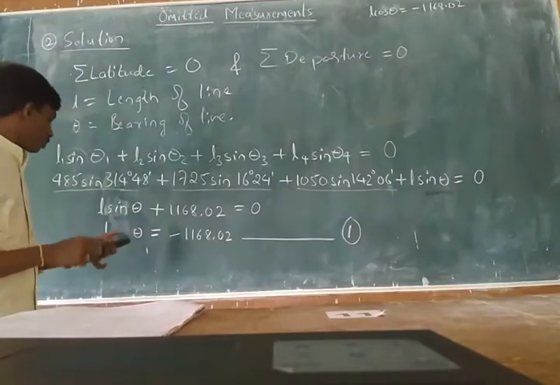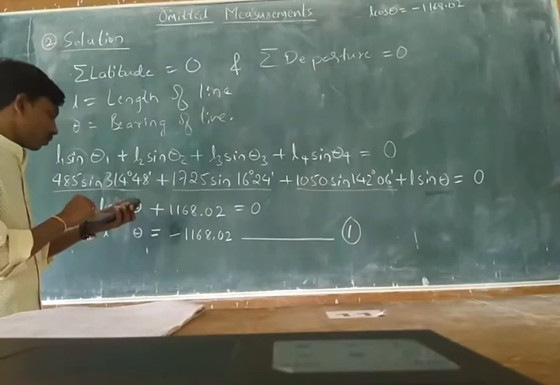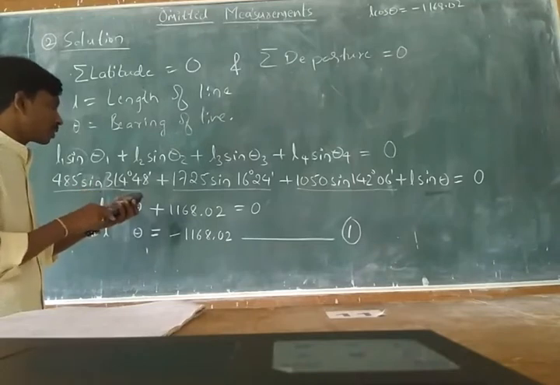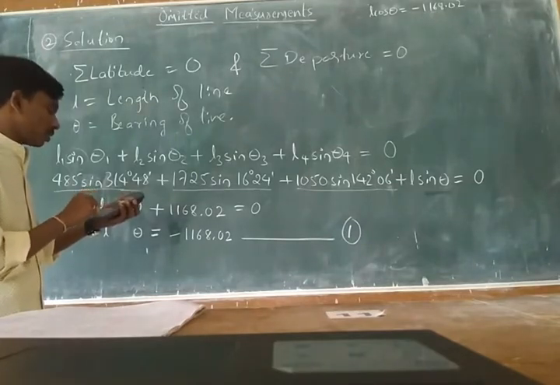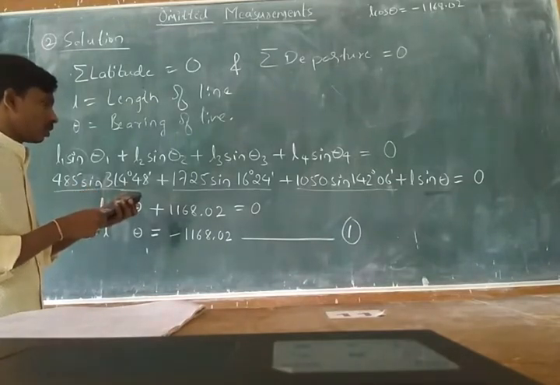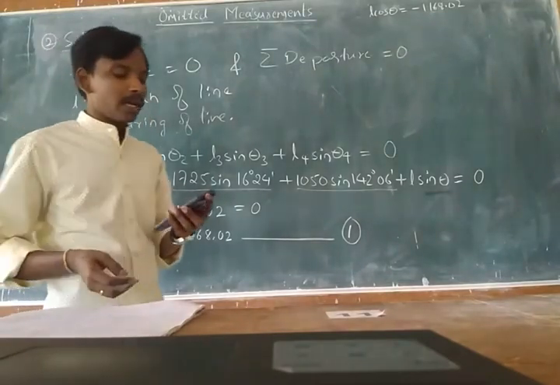So 485 sine 314 degrees 48 minutes plus 1725 sine 16 degrees 24 minutes plus 1050 sine 142 degrees 06 minutes. Now we are getting the value 787.896.